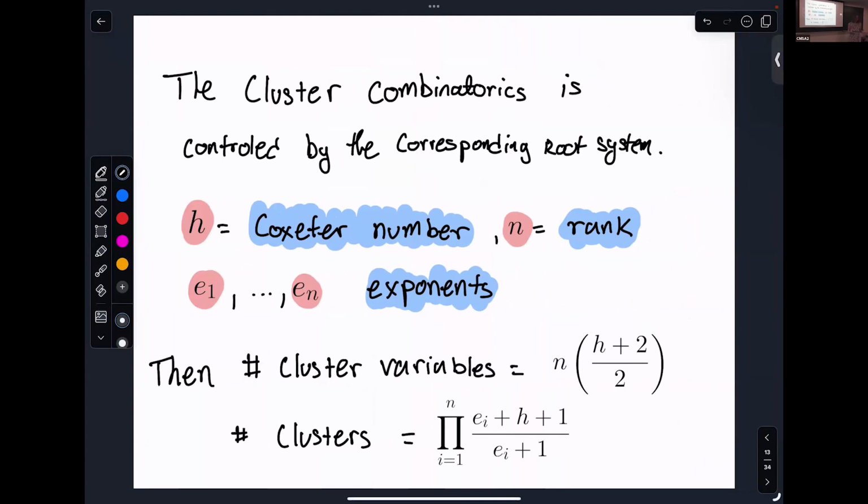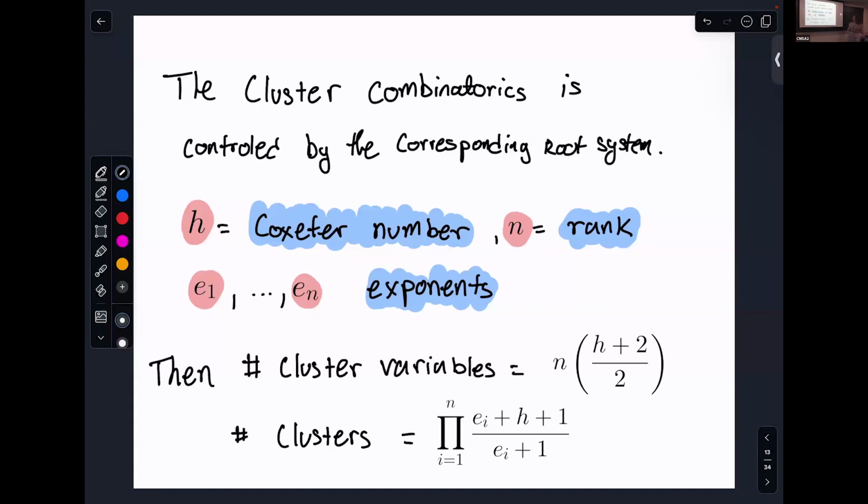So the cluster combinatorics, this question of how many clusters there are, how many seeds, all of this is really controlled by the root system. Hugh mentioned some stuff about almost positive roots and whatnot. So based on some data coming from the root system, we can compute the number of cluster variables with a simple formula. It's equal to the number of positive roots plus n, for those minus simple roots.